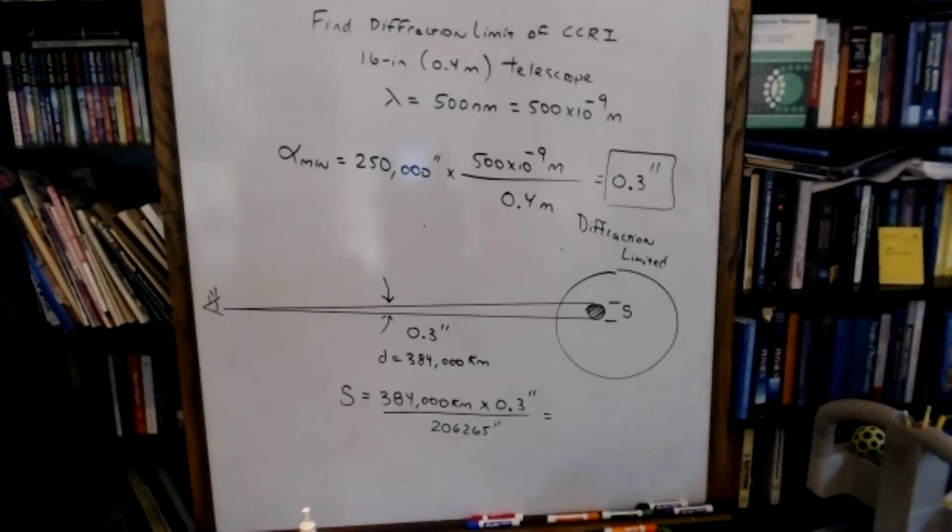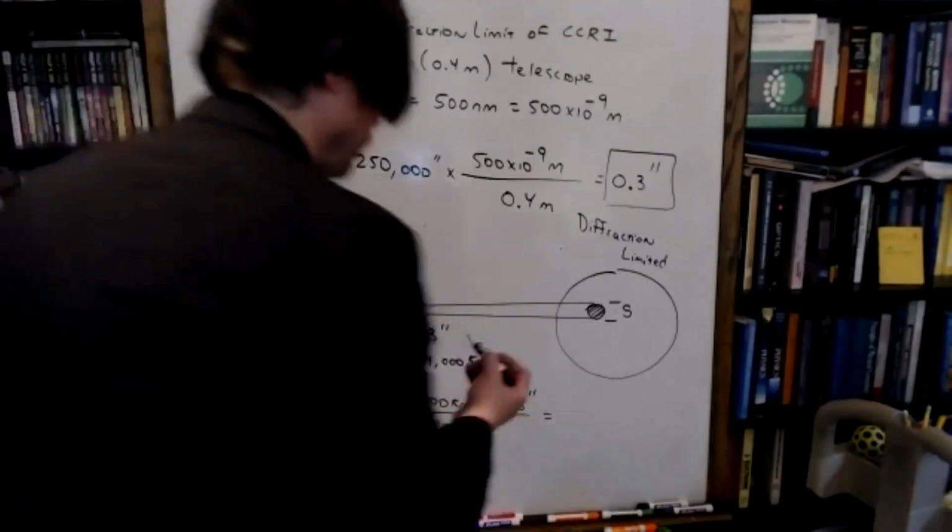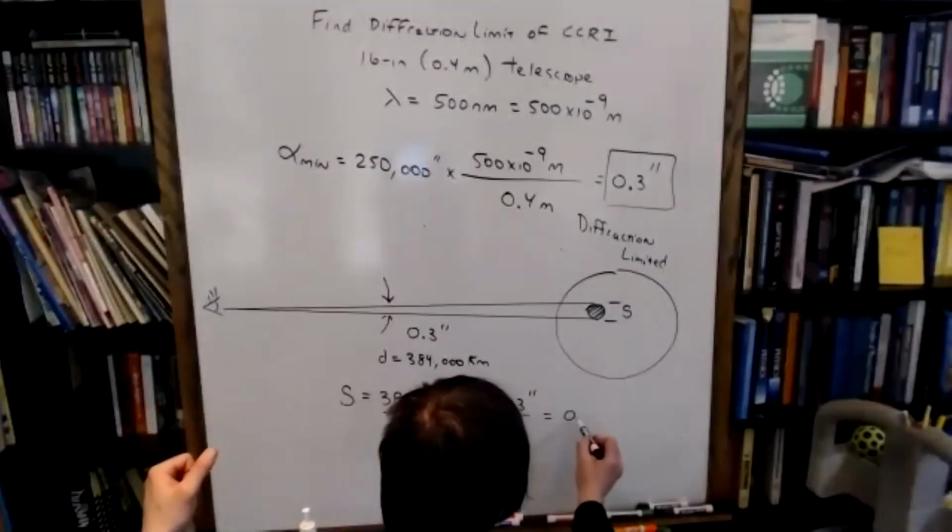Kayla? I guess you'd round to 0.6. 0.6 what? Kilometers. Yeah, that's about half a kilometer.